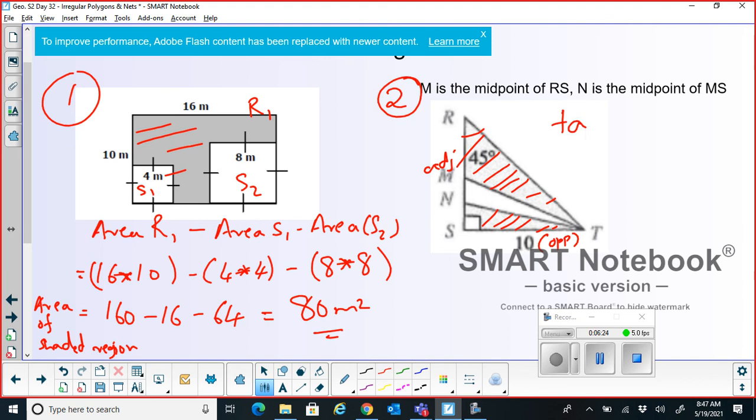So we can say tan 45 is nothing but opposite, which is 10, divided by adjacent, which is RS. And simplifying further, we get RS as 10 over tan 45.